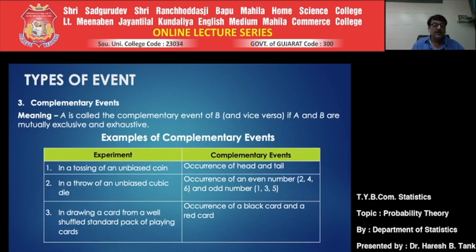In a throw of an unbiased cubic die, occurrence of an even number. Even number means a number which is divisible by 2. Means it is 2, 4 and 6. An odd number means a number which is not divisible by 2. They are 1, 3 and 5 in case of throwing an unbiased cubic die.